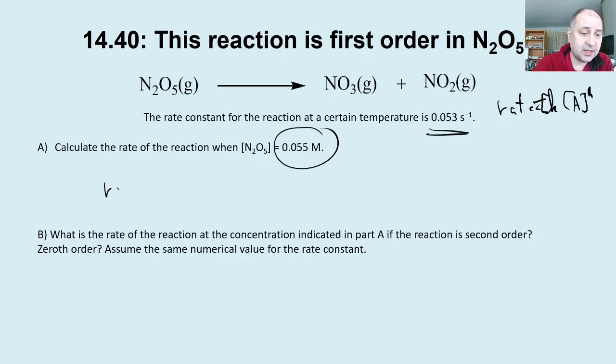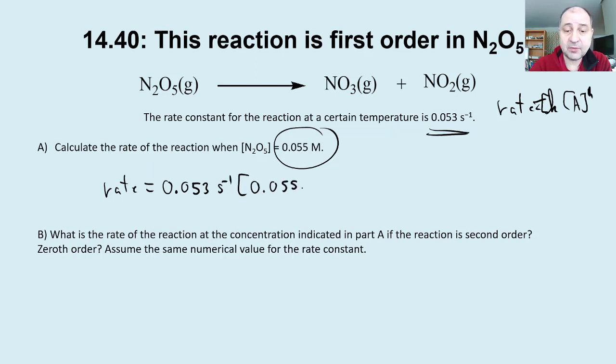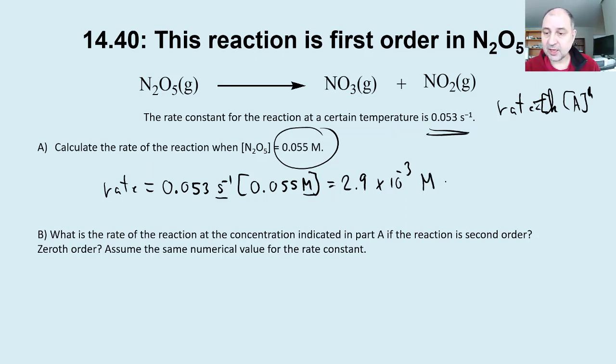So you just plug in: rate equals 0.053 per second times the concentration of 0.055 M, and so that gives me 2.9 times 10 to the minus 3 units of M per second, which is what we want.